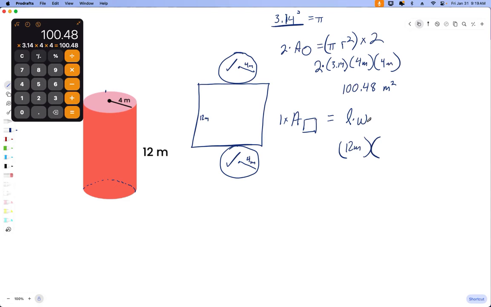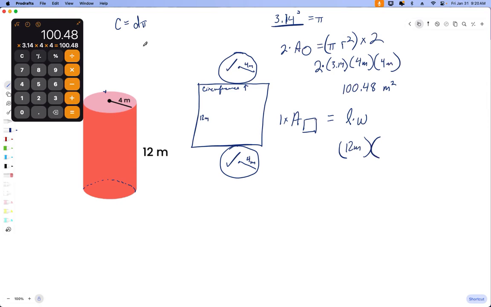So now we need width. The width is going to be the circumference of the circle, because this wraps all the way around. It starts here and it wraps all the way around to the other edge. So this is going to be the circumference of that circle that's above it, which is also the same as the circle that's below it. The circumference of a circle is equal to diameter times pi.